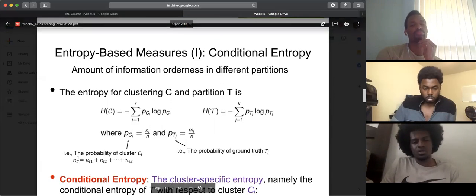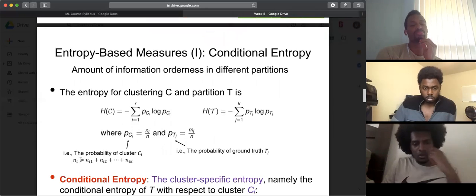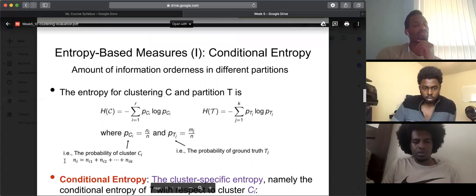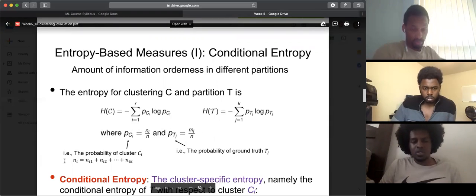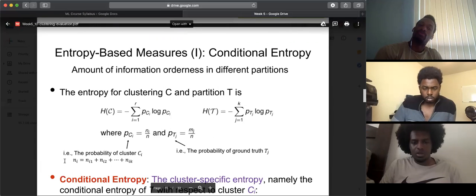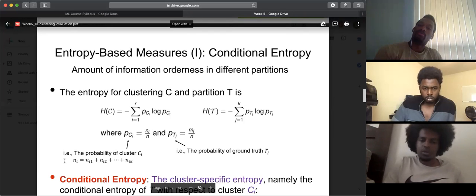And here you can see they put a little note where the probability of cluster i is n of i of 1, n of i of 2, to n of i of k, and then you're summing them all up together. So that intuitively means this data point 1 falls into cluster 1, 2, or 3, or however many clusters I have, right?